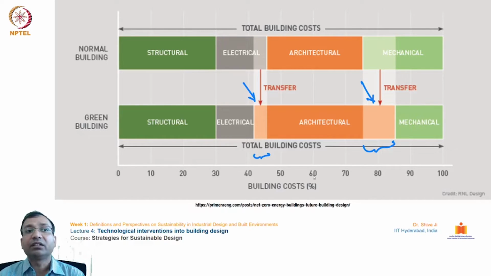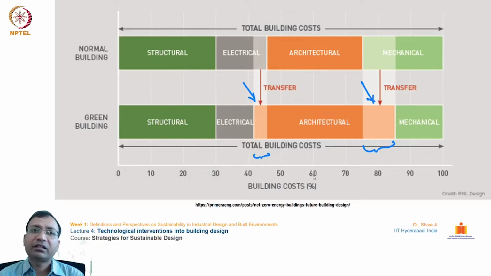As we can see, with the transfer from electrical to architectural aspects, the cost gets reduced by almost 5%, and in the mechanical portion it gets a reduction of approximately 10%. Overall, the savings here are up to 15%. So 15% is not a small volume.